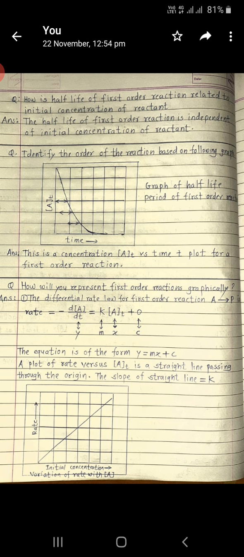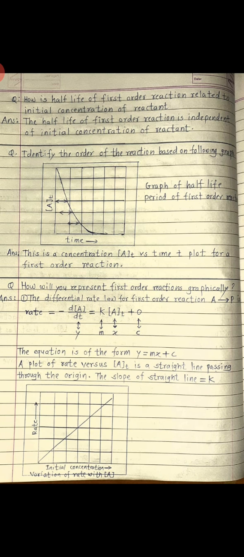By plotting the graph, a plot of rate versus At is a straight line passing through the origin. This is the graphical representation. When a graph of rate and concentration is plotted, it gives a straight line passing through the origin, and the slope of this graph gives the value of k.